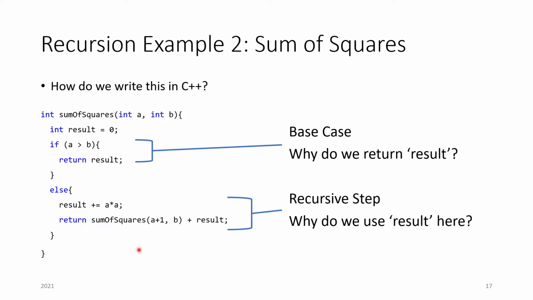Our recursive step is that we square the value of a, a by a, and we put this into a temporary variable, which is going to be result. We have plus equal here. The reason why we have plus equal is that we need to keep on adding this result and storing it at each recursive step.